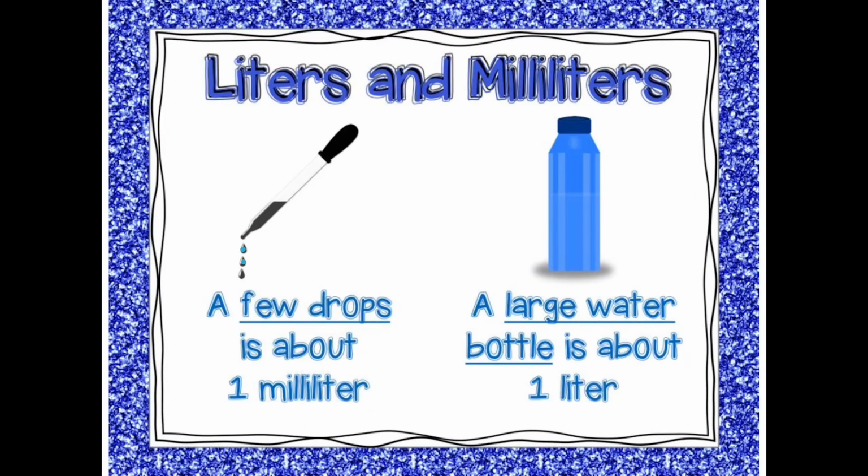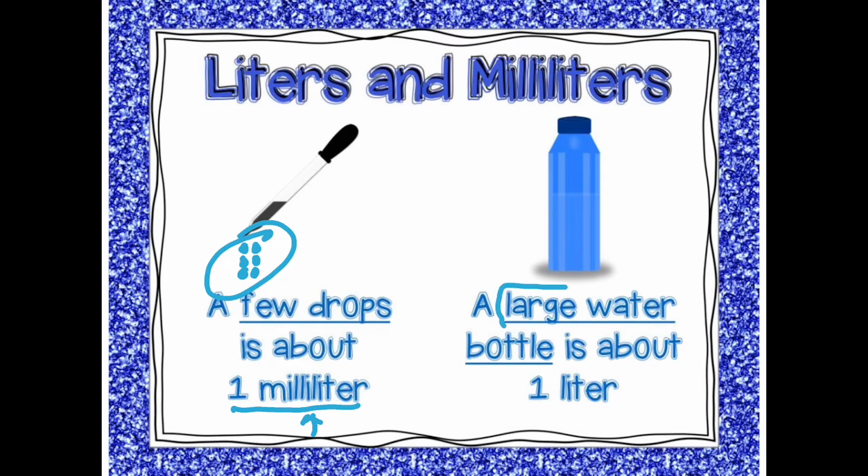So now I want you guys to put on your imagination caps, okay? And I want you to visualize here. Look at this. If 1 milliliter, guys, is only a few drops of water. Just a few, okay? That's 1 milliliter right here. That's it. That's not very much. And that's why we measure smaller volumes of water using milliliters, because we're only measuring small amounts of water.